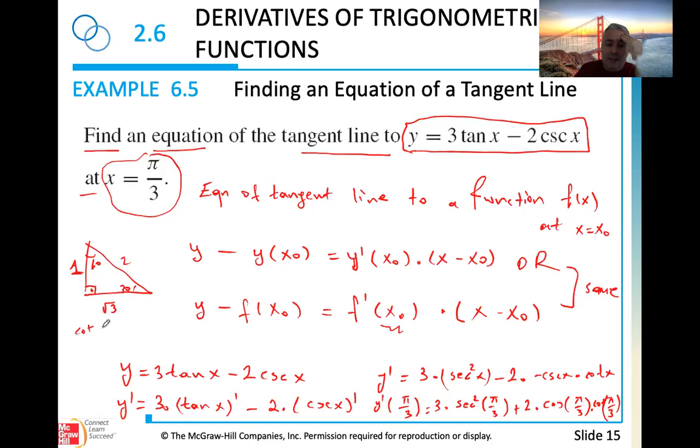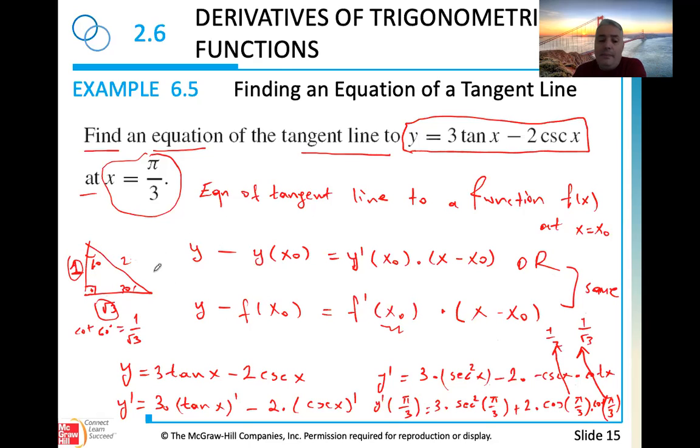Cotangent 60 means adjacent over opposite, so it is 1 over root 3. And cosine 60 is adjacent over hypotenuse, 1 over 2.